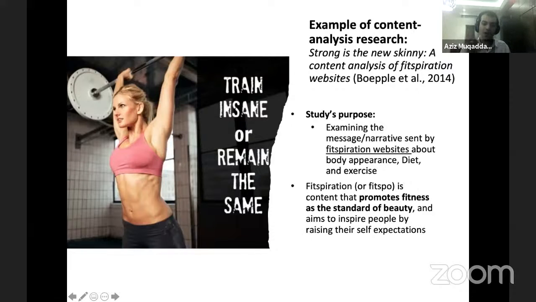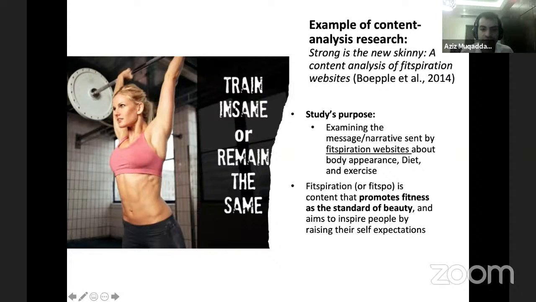And this article wanted to study what message or what narrative Fitspiration websites send about body appearance and exercise and fitness and dieting. Okay, that's the purpose of the study.